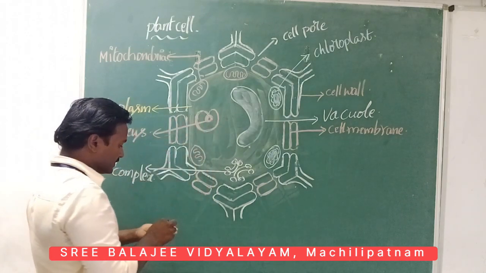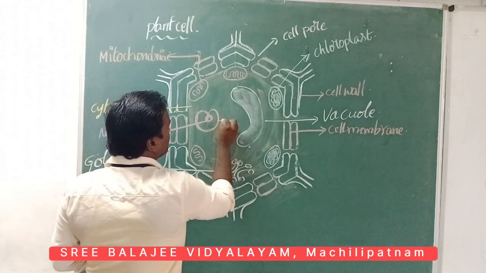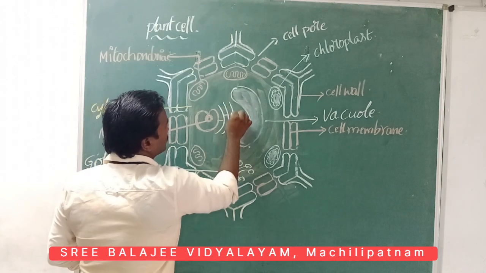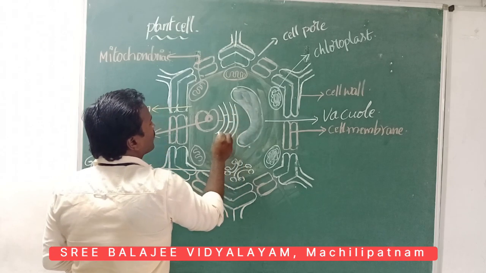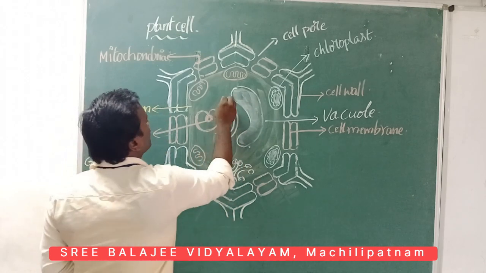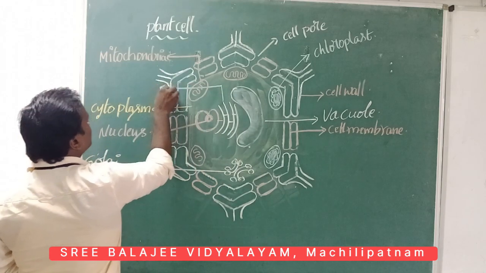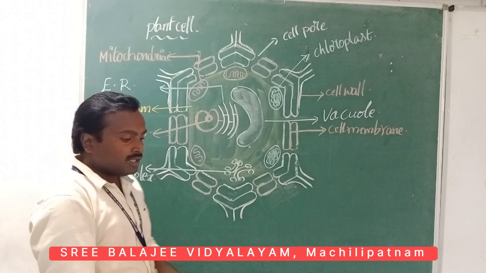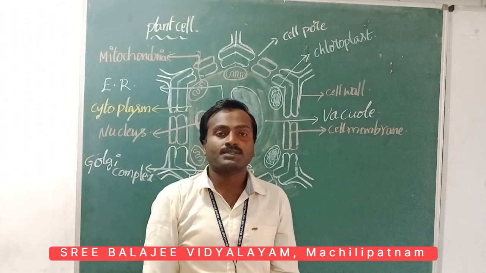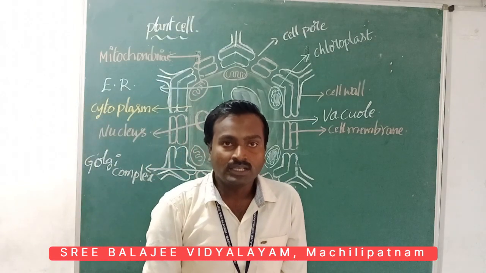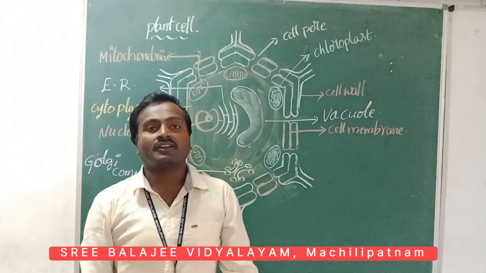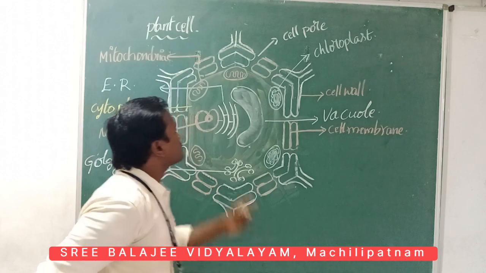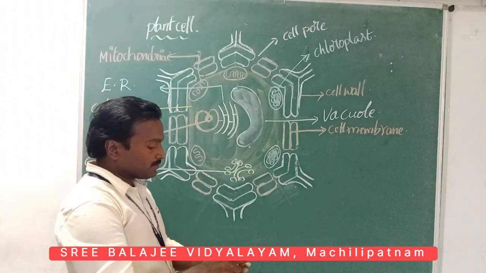This is the nucleus. Around or near the nucleus, we can see some skeleton-like structure. This is called ER. ER means endoplasmic reticulum. In short, we can call it ER. This ER is divided into two types: smooth ER, SER, for fat manufacture, and rough ER for protein manufacture.